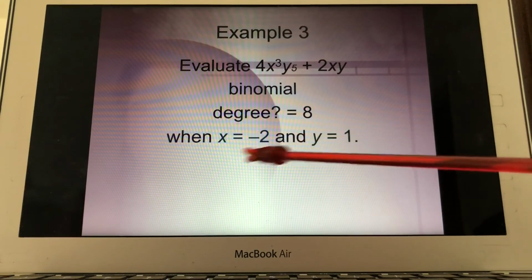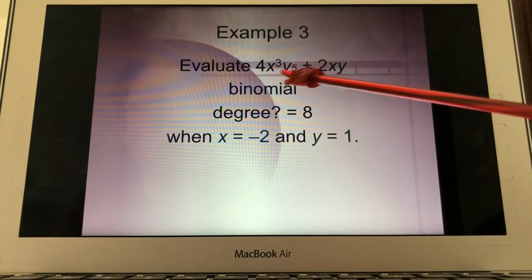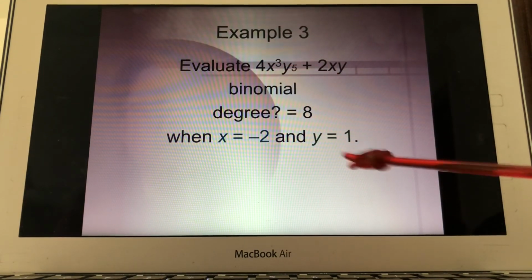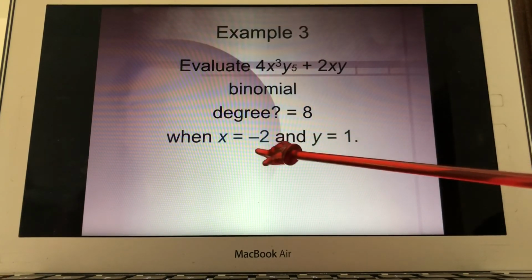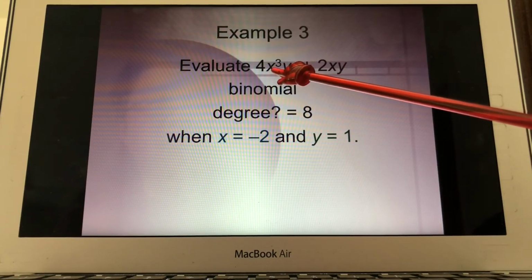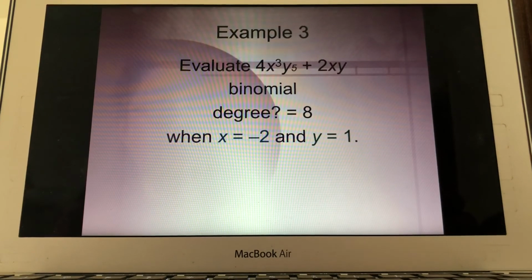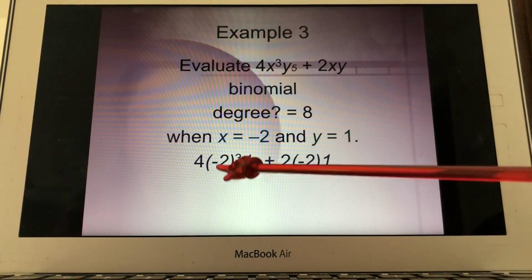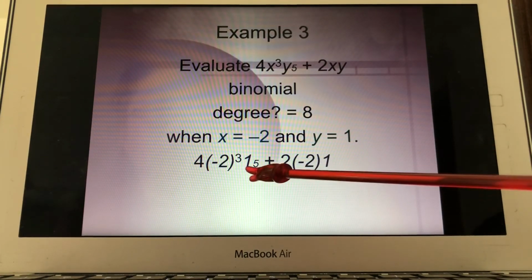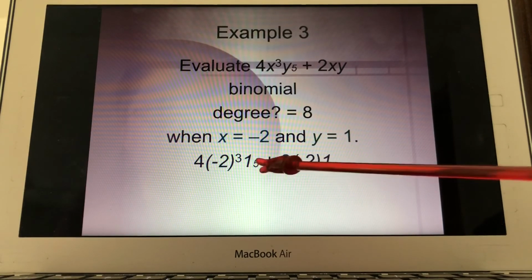Okay, when x is negative 2 and y is 1, then what do we get? Plug in your values, negative 2 for x and 1 for y, and let's see what we get. We have negative 2 cubed times 1 to the 5th power.